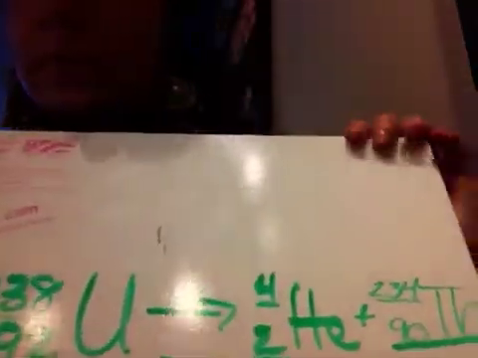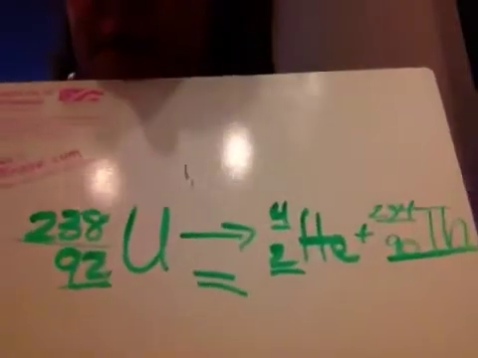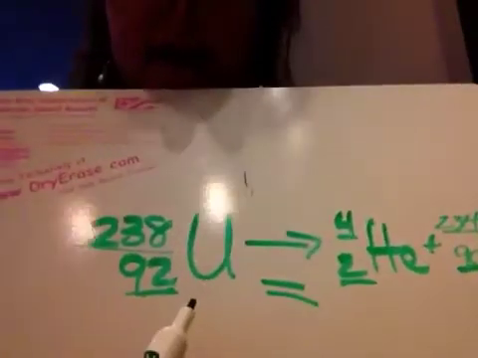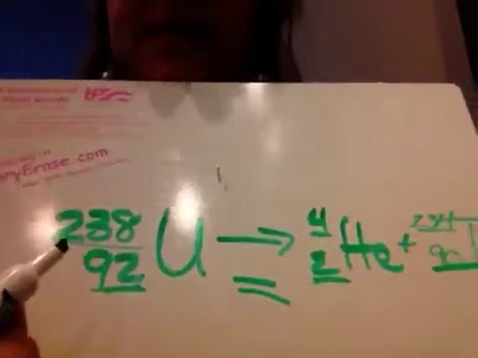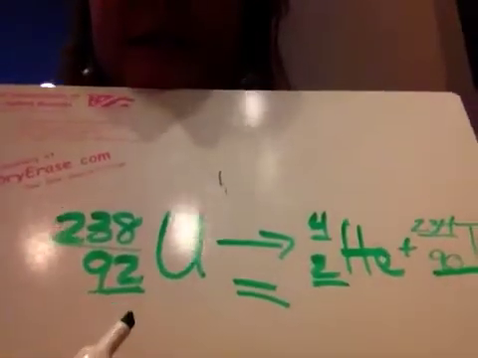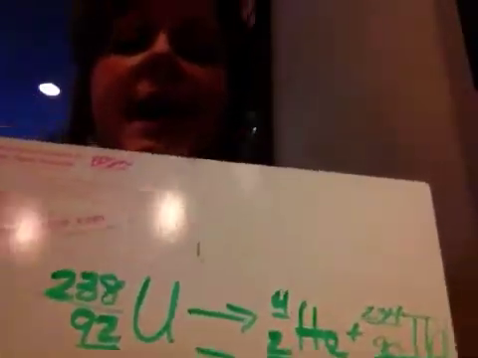So I just want to review this one more time. On our reaction, we had uranium, and uranium had a mass of 238 and an atomic number of 92. In an alpha decay process, uranium-238 is really unstable.